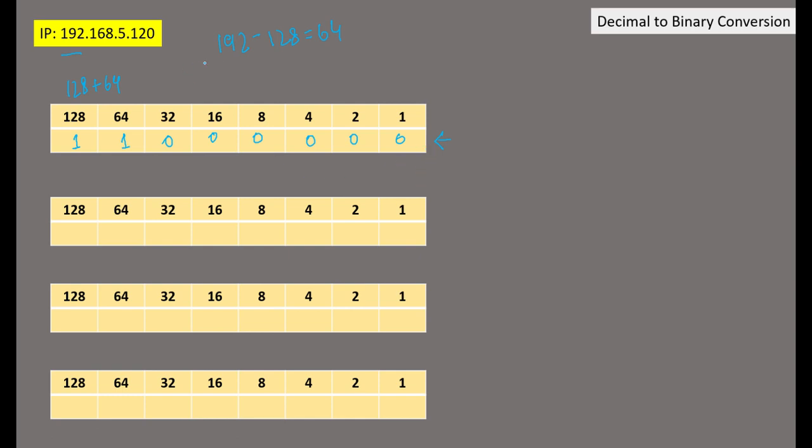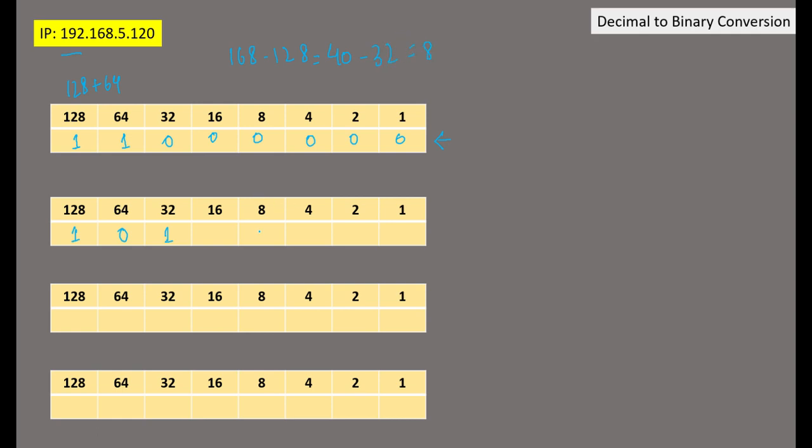Now let's convert 168. So is 168 greater than 128? Yes, correct. So I will turn this bit on, and 168 minus 128 is equal to 40. Is 40 greater than 64? No, I will turn this bit off. Is 40 greater than 32? Yes, I will turn this bit on, and now I will say 40 minus 32 is equal to 8.